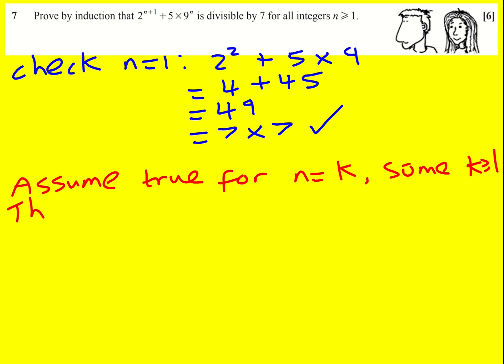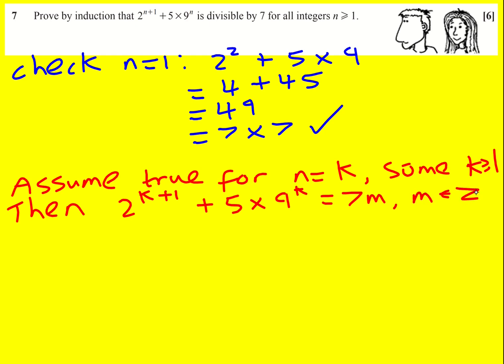Then 2 to the k plus 1 plus 5 times 9 to the k will be divisible by 7, and we could write it as, say, 7m or 7p or whatever you want, really. There's 7 times something. M is an integer. I'm going to say that here.